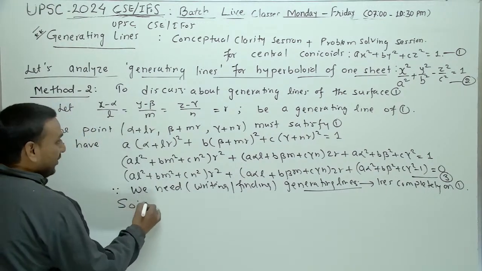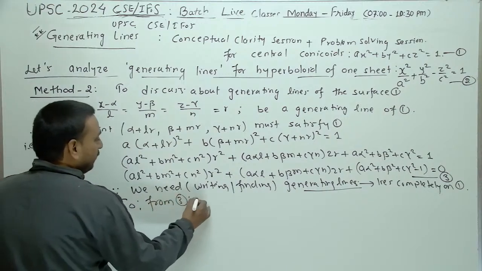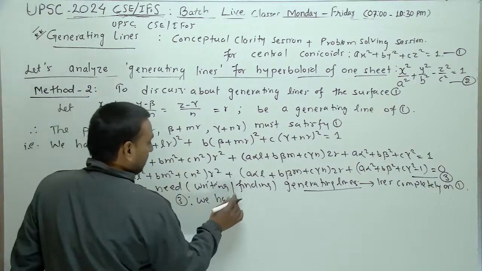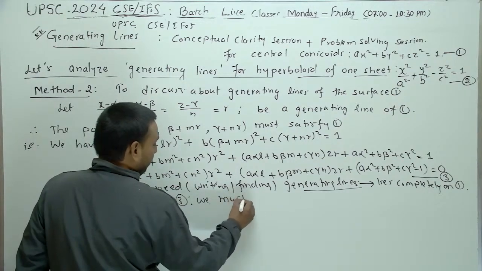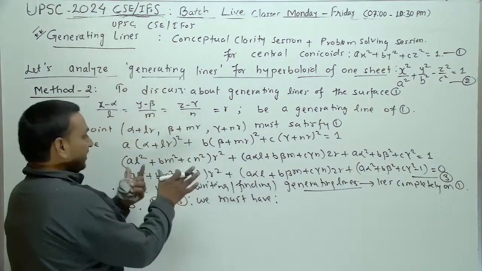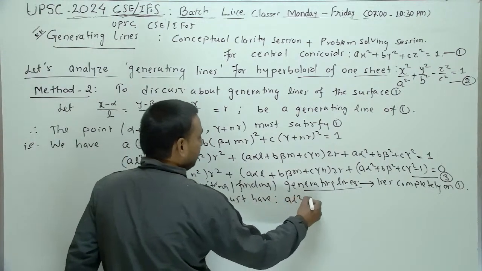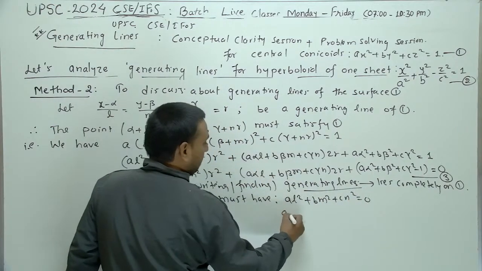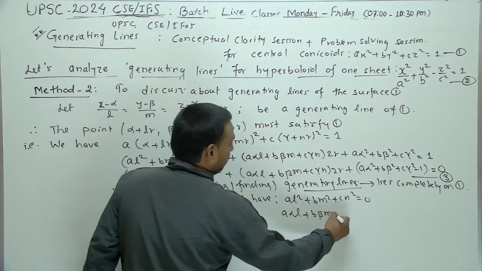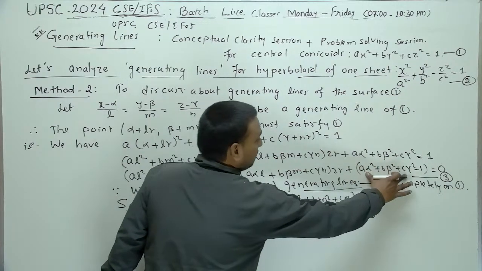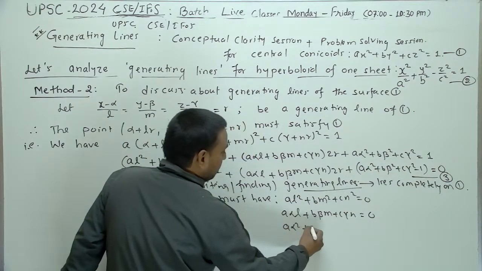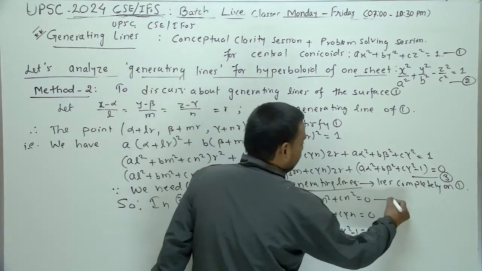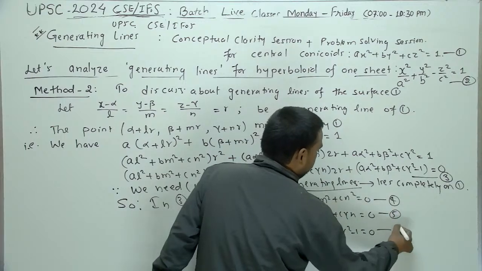So from 3 we must have, क्या होना चाहिए? This coefficient must be 0, right? This coefficient must be 0. This term must be 0. बोलिए हाँ या ना. So let's say this is the equation 4, this is 5, this is 6.